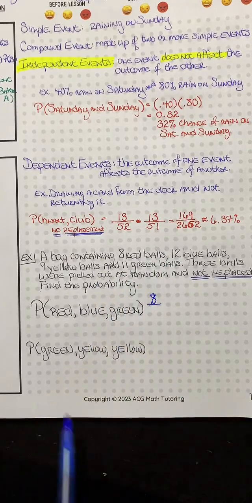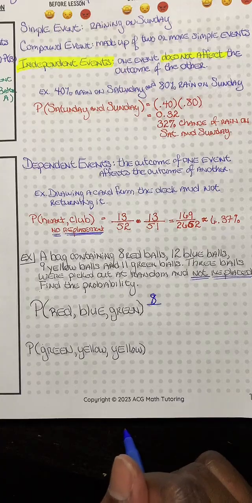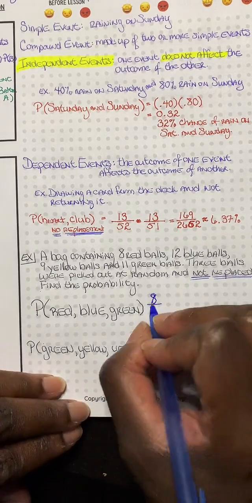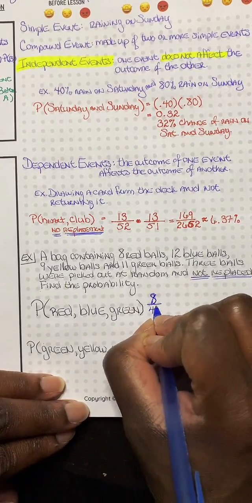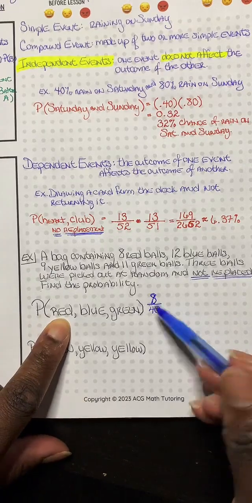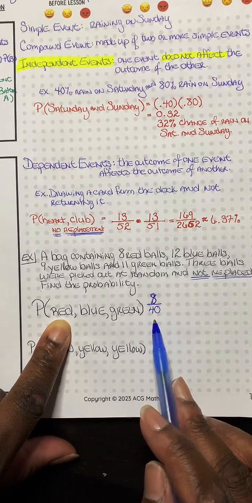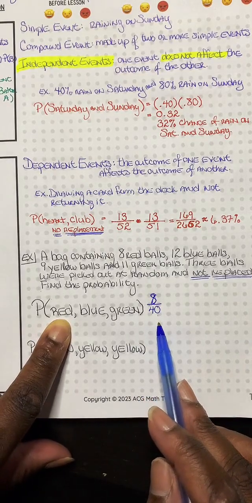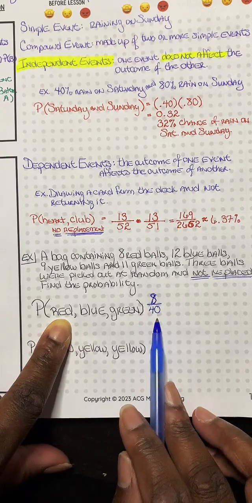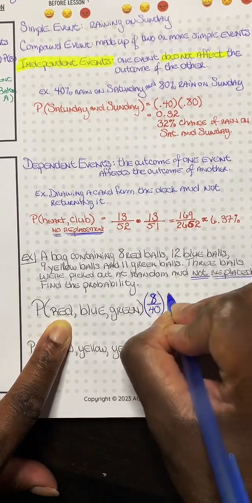So 20 plus 20 gives me 40 balls. So 8 out of 40 represents the red balls. 8 40ths could be reduced to 1/5, but for right now, let's just get everything out of the way. So this is the probability of the first pick.